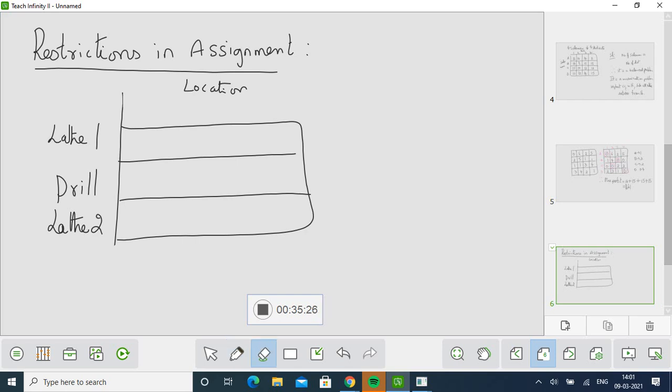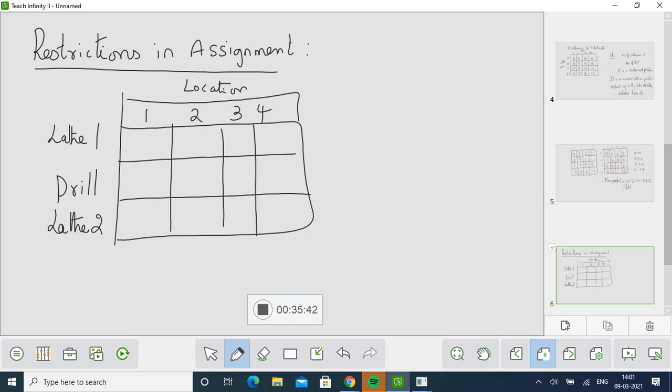Okay, so this is your tabular column. You have 4 locations, 1, 2, 3 and 4, and you have 3 options.